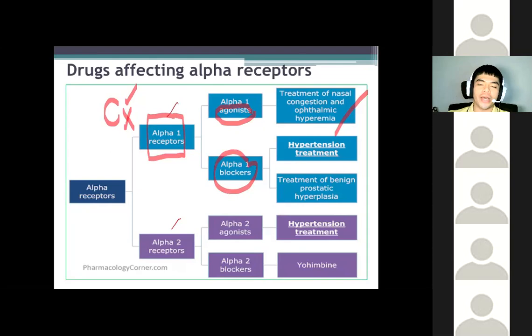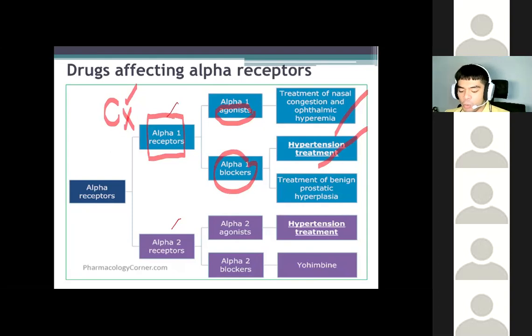And relaxing blood vessels would make us realize that lesser pressure is being observed. Kaya, pag ang isang gamot ay alpha-1 blocker, chances are anti-hypertensive siya. Do you get this? Naintindihan? Yes sir, po. Okay.